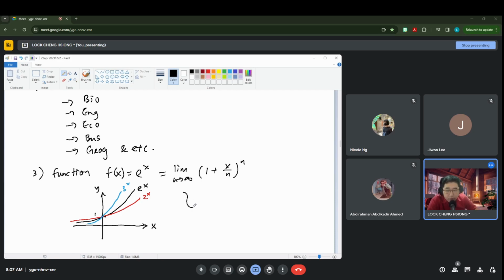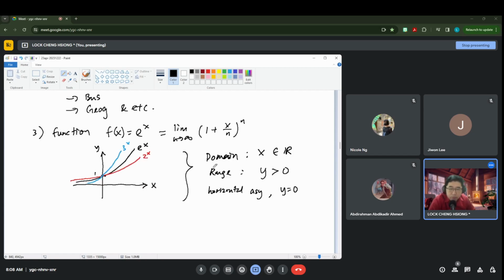From here, you can see the domain: x is everything, and the range is y more than 0. There is a horizontal asymptote at y equals 0. This is e to the x.